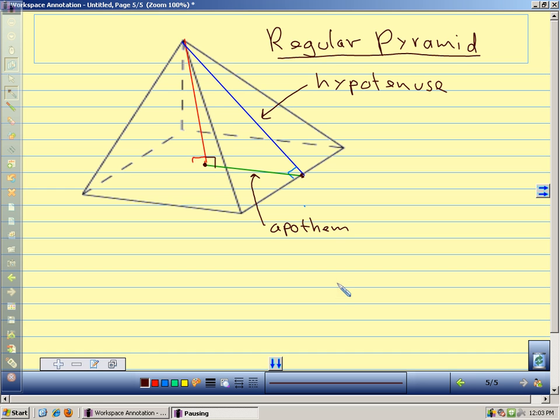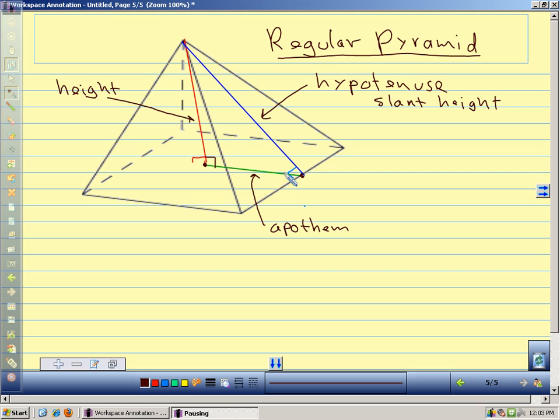So the red segment is the height. The hypotenuse is the slant height. The base of our right triangle is the apothem, and this side is the height of our pyramid.